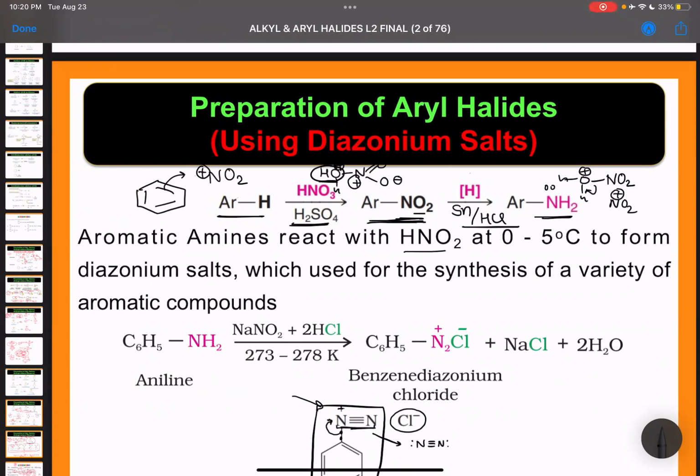So what we did, we took nitrous acid. This is the nitrous acid, HNO2, HO and NO, along with HCl. Sodium nitrite salt and HCl, HCl again will remove the OH from the nitrous acid, HNO2, and you will be left with NO plus.